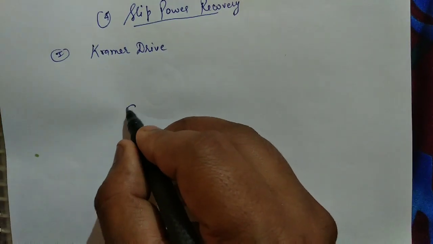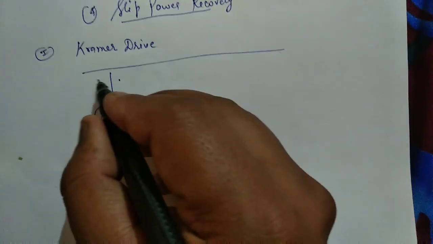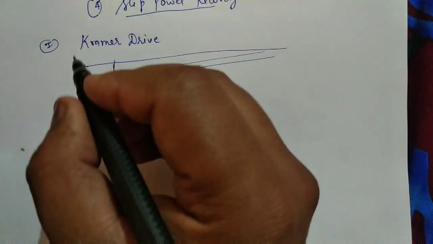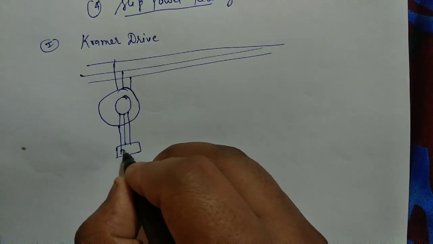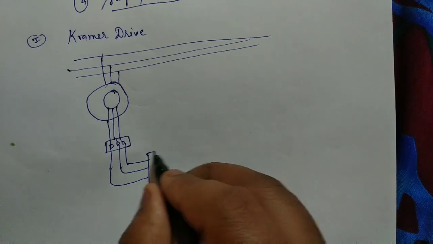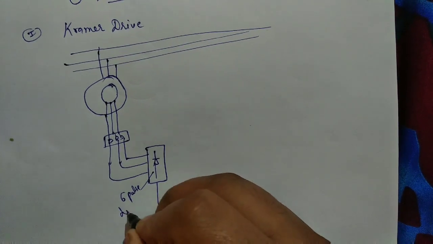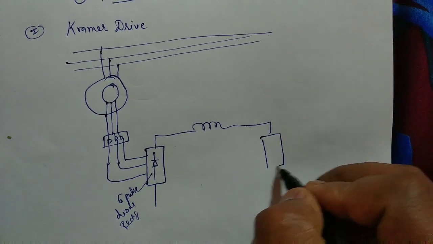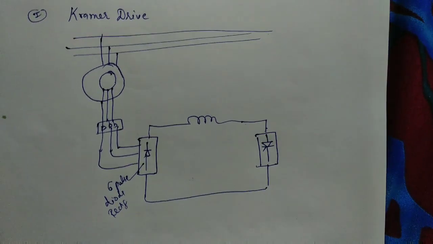In this induction machine, we supply three phases in the stator, and from the rotor a 6 pulse diode rectifier, a smoothing reactor, and a full wave converter in reverse polarity are connected.